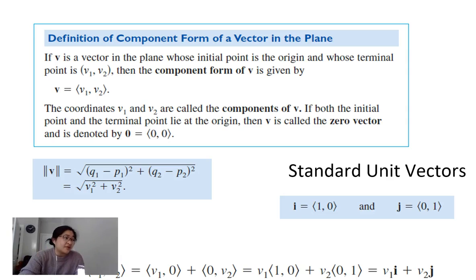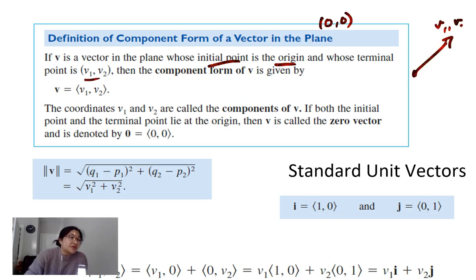How can we write out vectors? If you're looking at a vector with an initial point at the origin, so that's at (0, 0), and your terminal point is at the point (v1, v2), so you're going from (0, 0) to (v1, v2) as your terminal point, then you can write in component form the vector v with these sharp brackets, taking those scalars and putting sharp brackets around them.